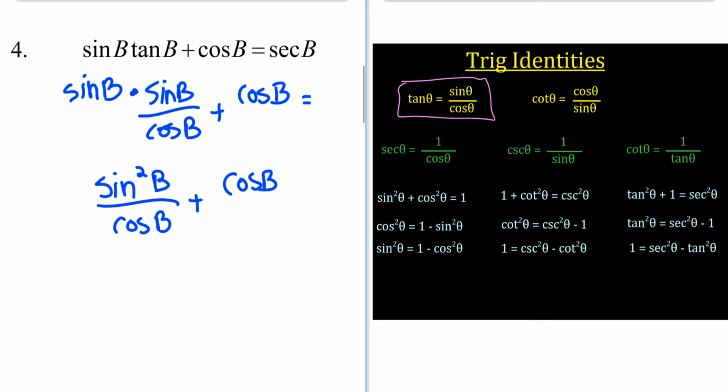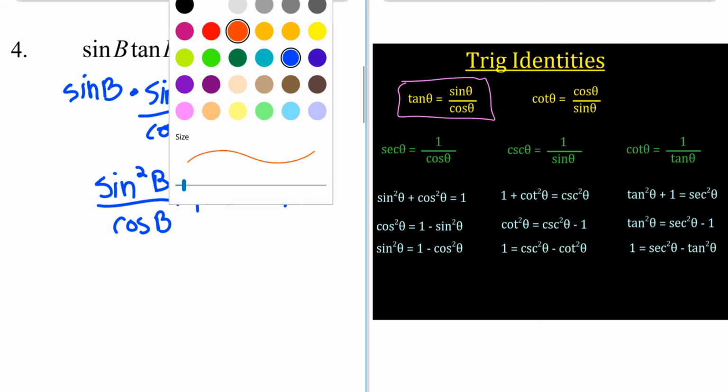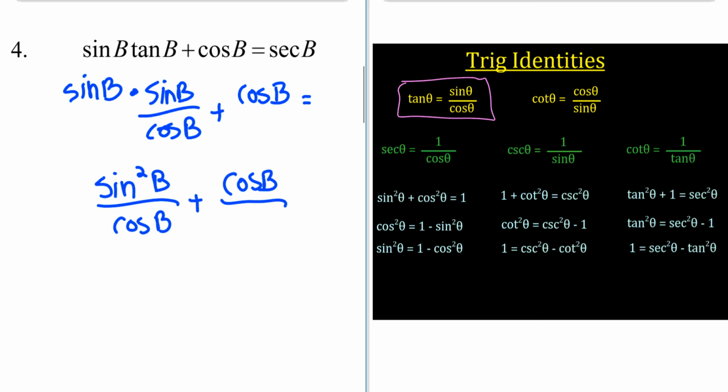Well, if I want to add fractions, I have to get a common denominator. And so I'm going to do this in another color. Since this is over 1, I'm going to multiply by cosine b on top and on bottom. Go back to blue here.